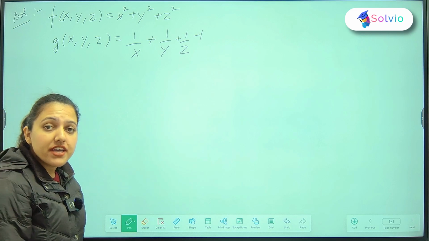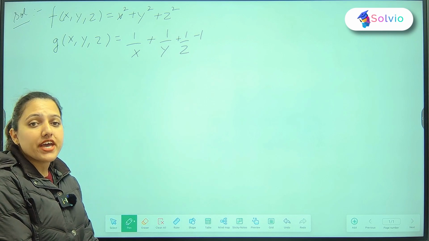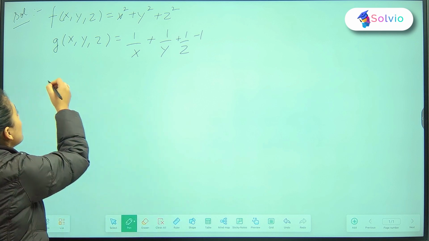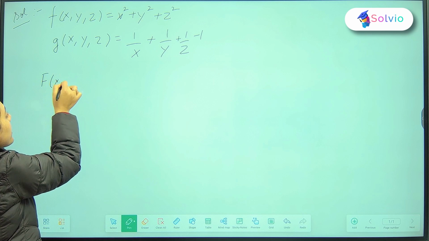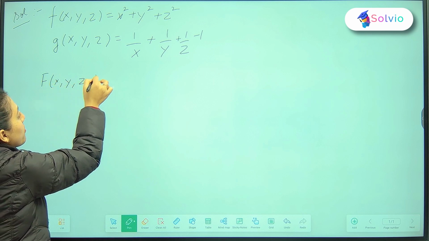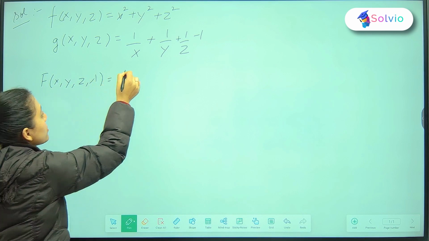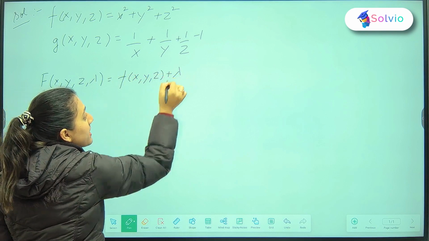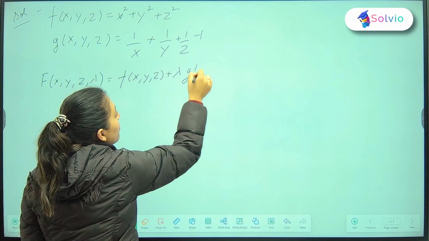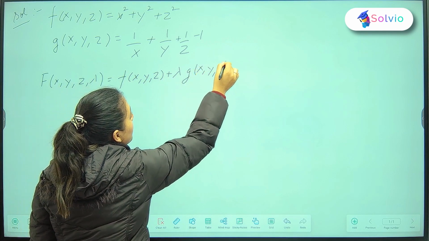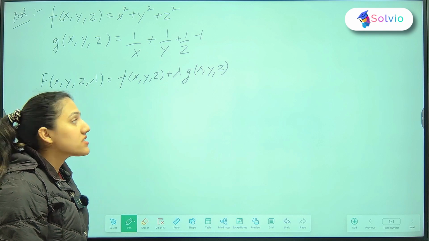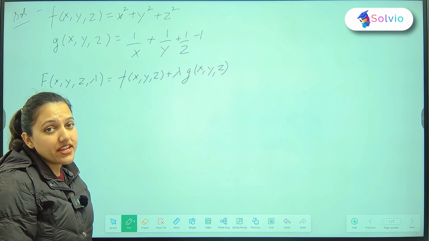Now we will define the function capital F of x, y, z, lambda, and that is equal to f of x, y, z plus lambda times g of x, y, z, where lambda is the Lagrange multiplier which is independent of x, y and z.